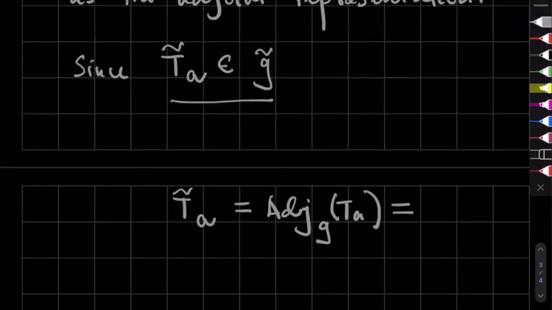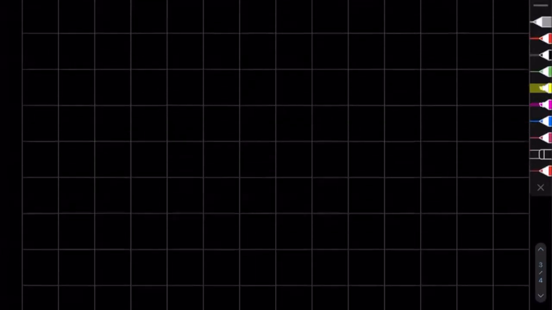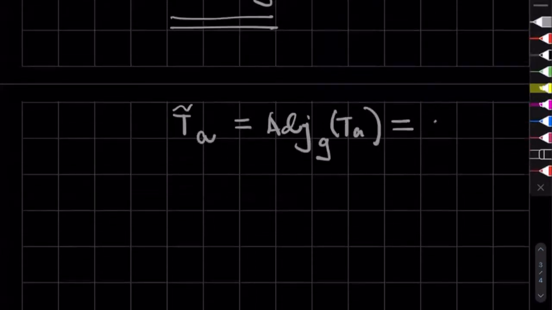And this statement means that we should be able to express T tilde as a linear combination of the T_A's. So let the coefficients of the linear combination be C_AB. Of course, it's a function of G, and B is a repeated index, which means that it is summed over.